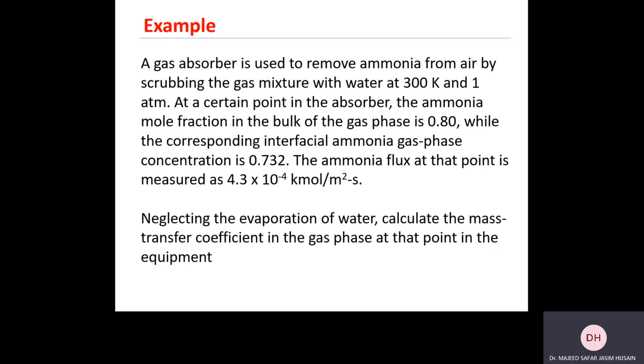Second example, a gas absorber is used to remove ammonia from air by scrubbing the gas mixture with water at 300 K and 1 atmosphere. I want you to make a kind of block or a square or rectangle, and in it there should be 2 inlets coming and 2 outlets going out.